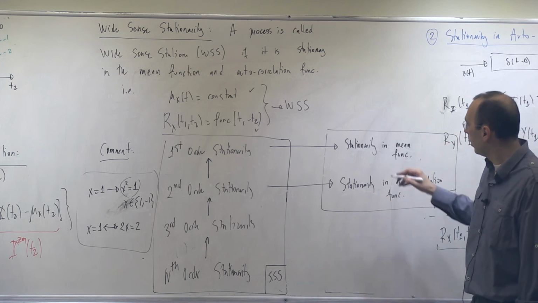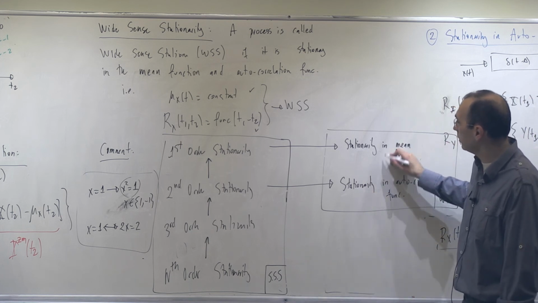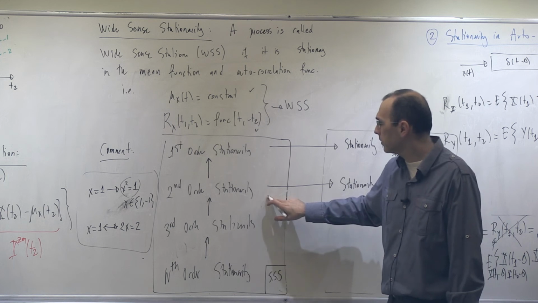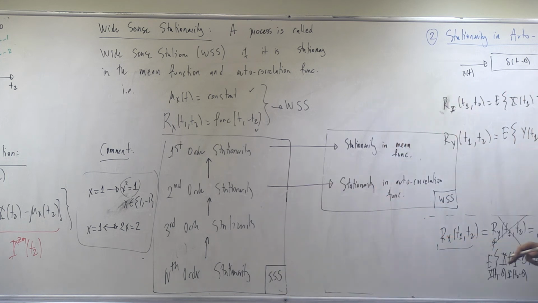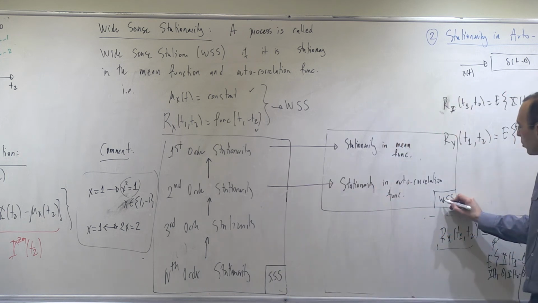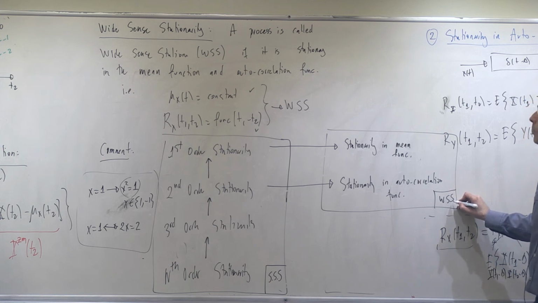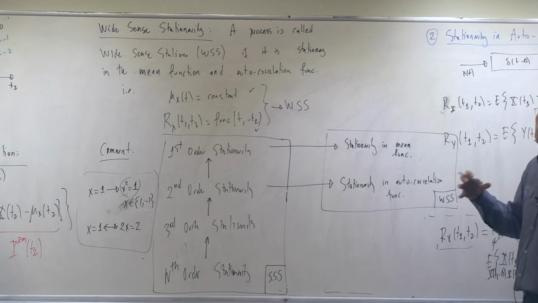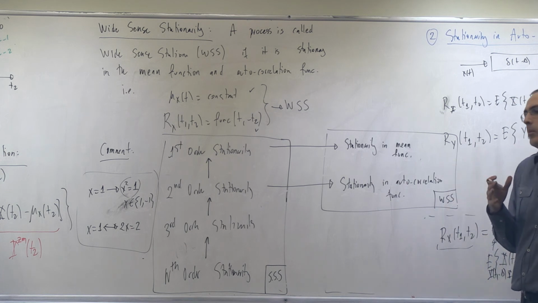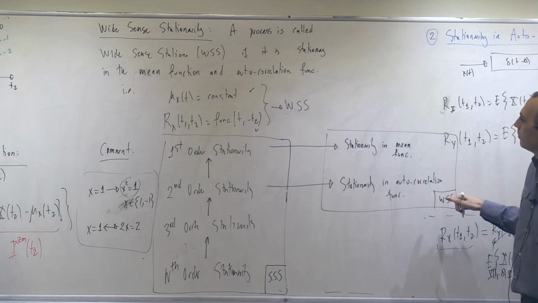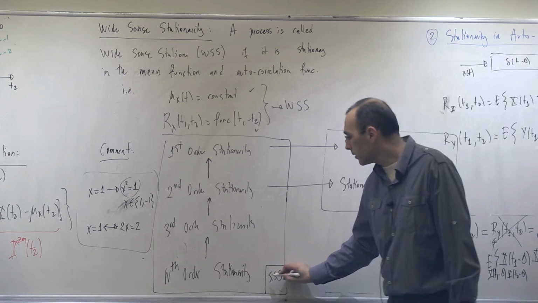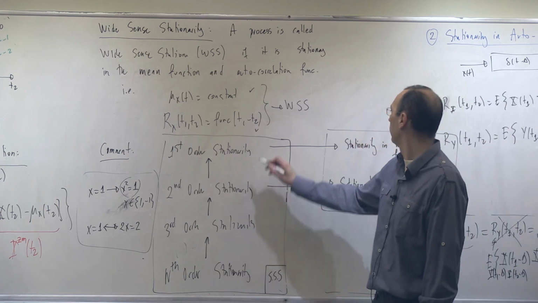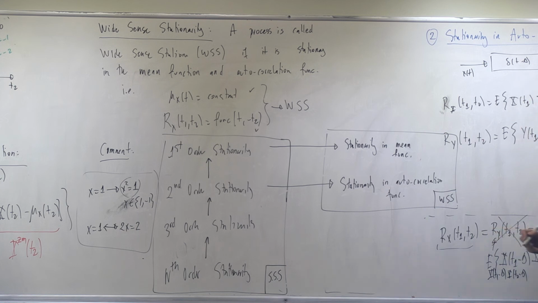Very good. Unfortunately, we don't have a connection like that. But if you have this, automatically you have the other side. So this is the reason that this is called wide sense stationarity. Wide here means it's like a softened sense of stationary in the general sense. This is strict sense stationary. These are stronger, so these are implying these ones.